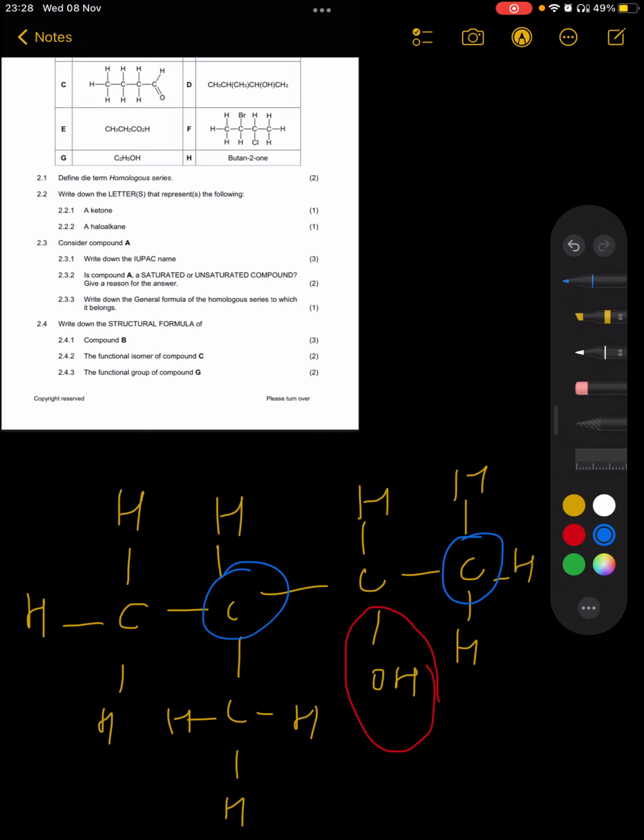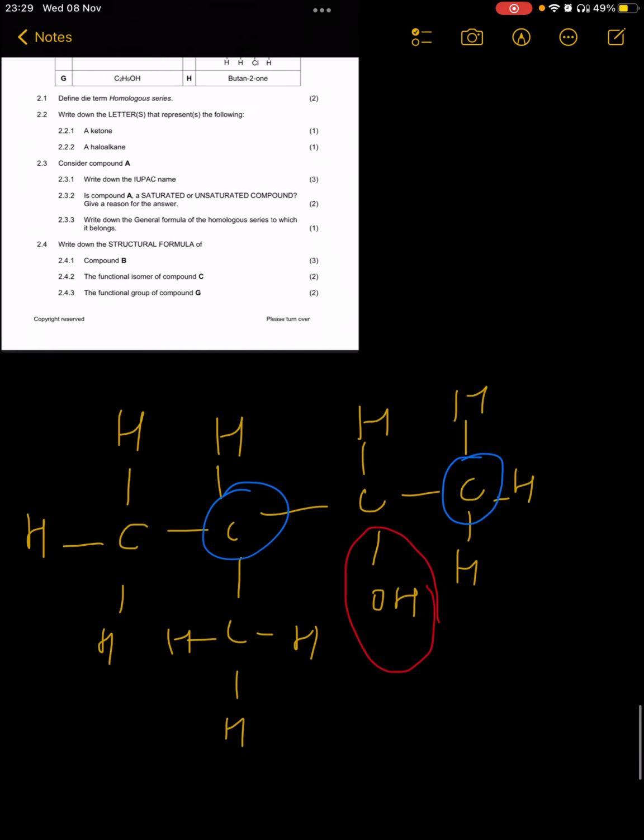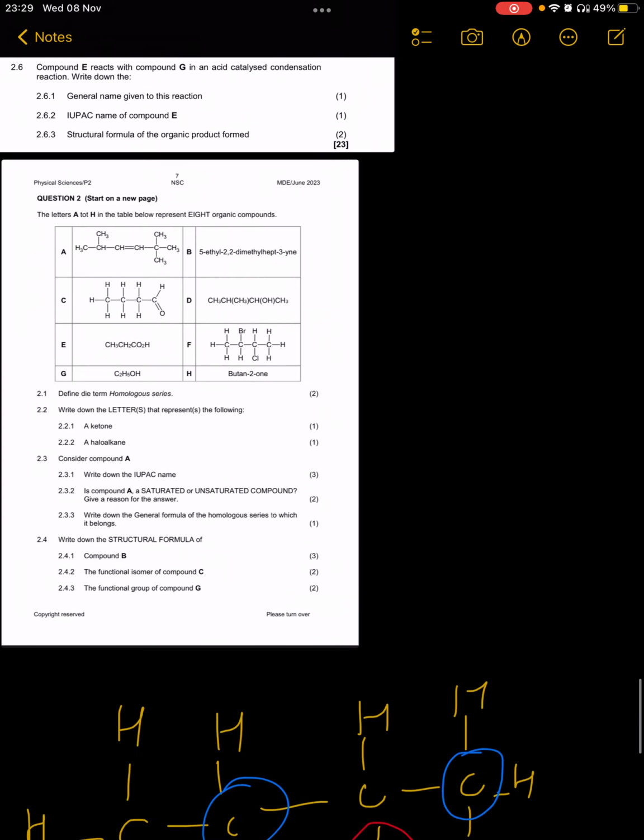So now, the carbon attached to the hydroxyl or OH group is attached to two other carbons, so that makes it what? Secondary. And that would be our reason and our choice of the answer. So it's a secondary alcohol, and the reason being is that the carbon attached to the OH is attached to two other carbons.